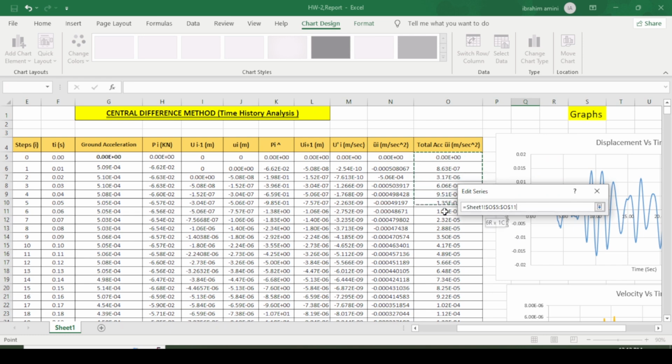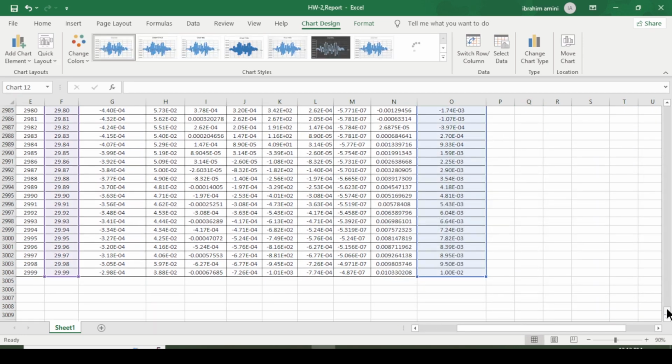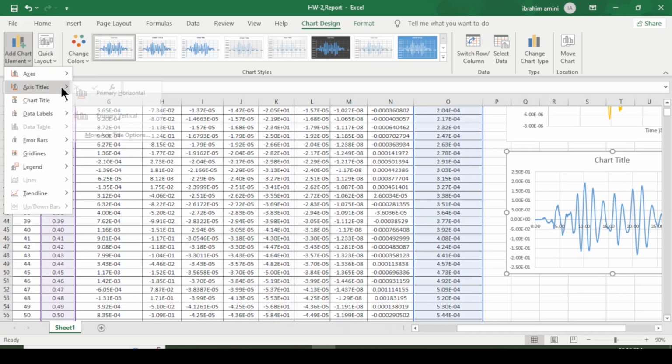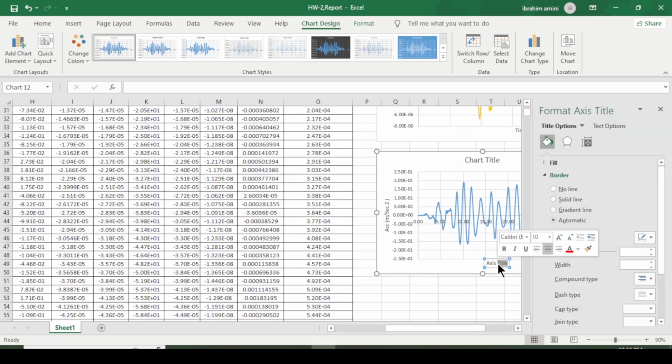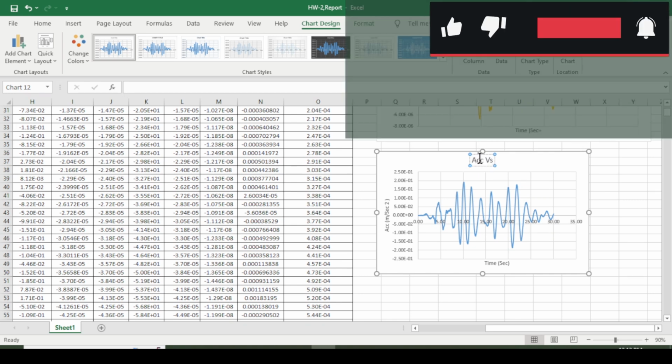Select the total acceleration here, release and press OK and OK again. So come here to the graph: it is acceleration in meters per second squared, and time in seconds, acceleration versus time.